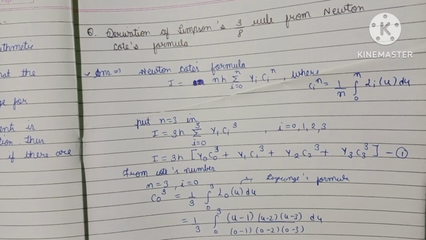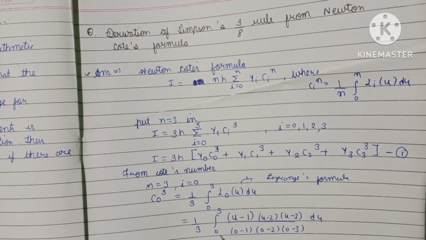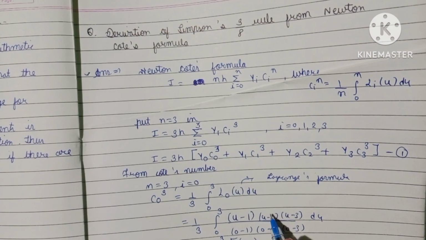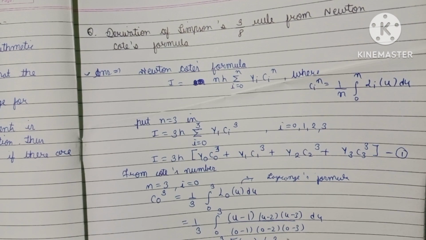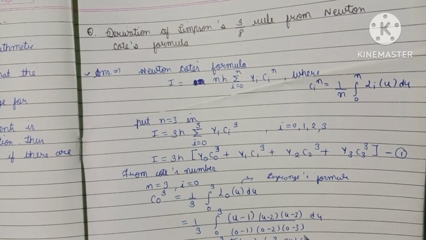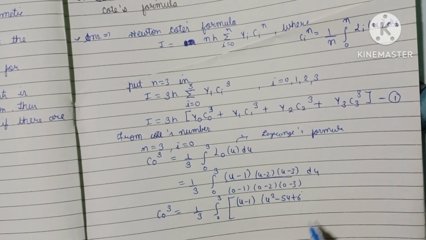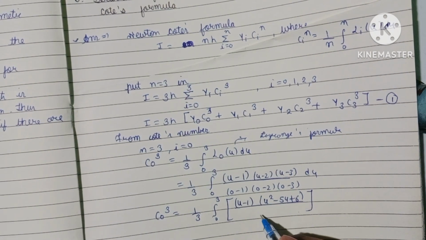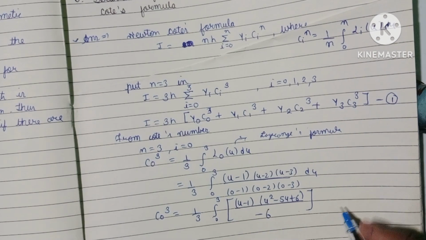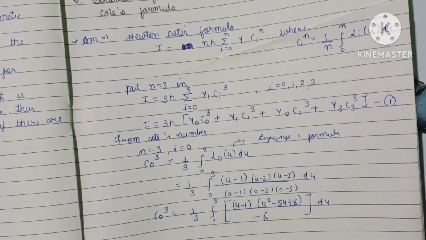C0^(3) equals 1 by 3 integration from 0 to 3 of (u minus 1), which we multiply by the other two factors to get u square minus 5u plus 6, and in the denominator the answer is minus 6, du.